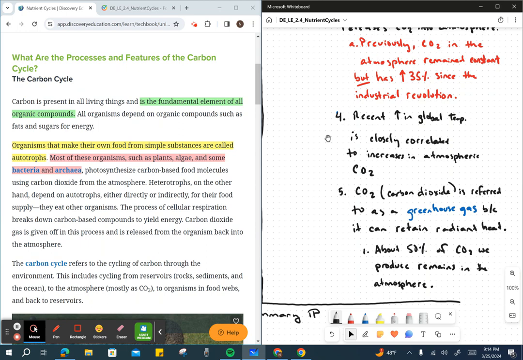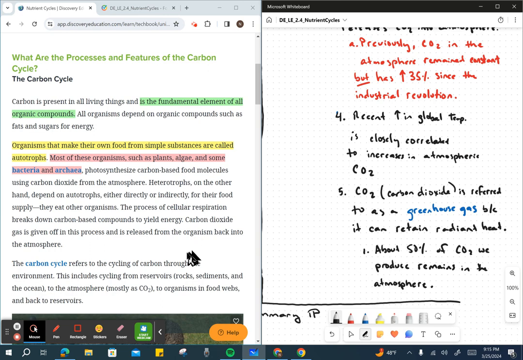Because the CO2 is good at trapping radiant heat that enters our atmosphere from the sun, warms up the planet, and the planet then radiates that heat in a different form. And CO2 is very good at trapping that. Interesting side note, about 50% of the CO2 that we produce these days remains in the atmosphere.